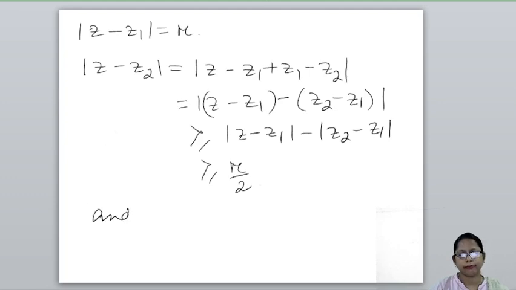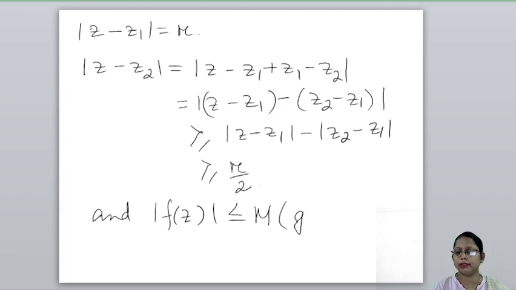And modulus f(z) is less than or equal to M, it is given.